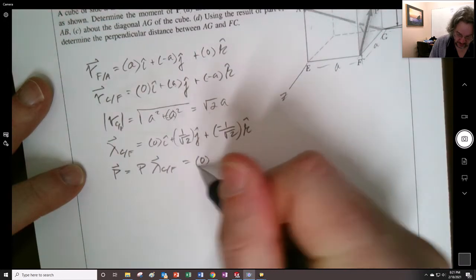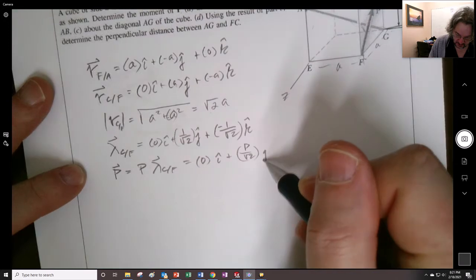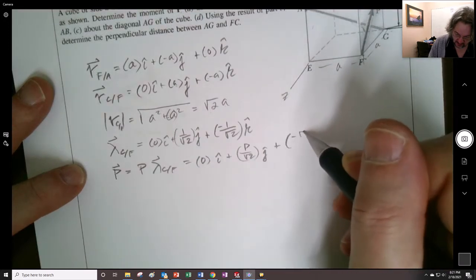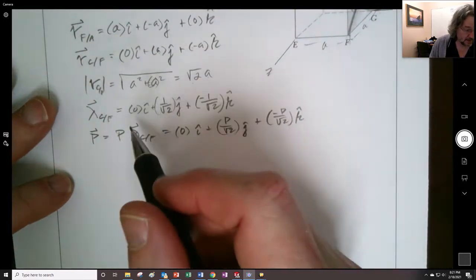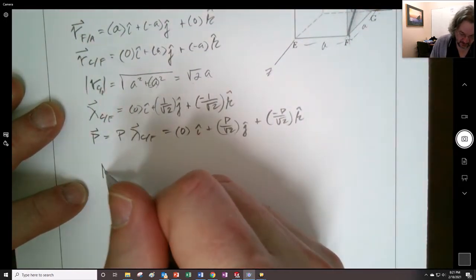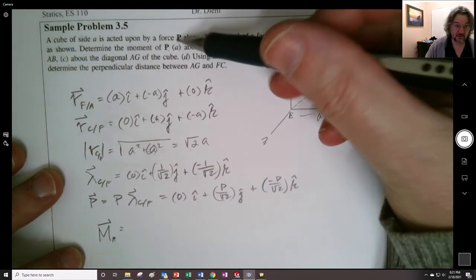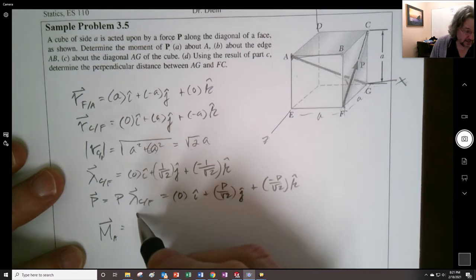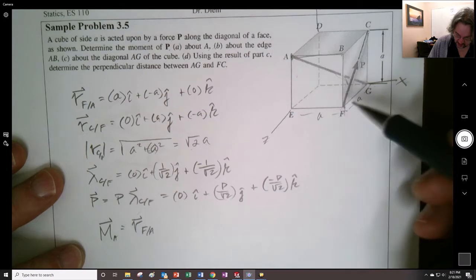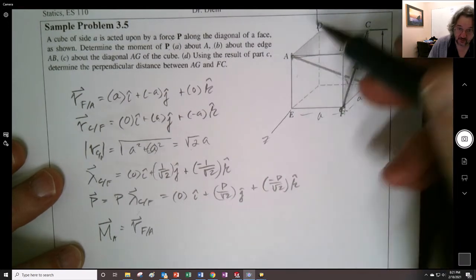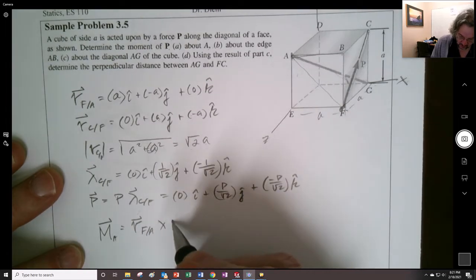Or 0 I plus P over the square root of 2 J plus negative P over the square root of 2 K. And then when we want to find this moment about A, which is the first thing that we got asked right here, we take the position vector F with respect to A, right? Because we're going to get to the spot where we're taking the force, so it's really going to be that line right there crossed with our P.